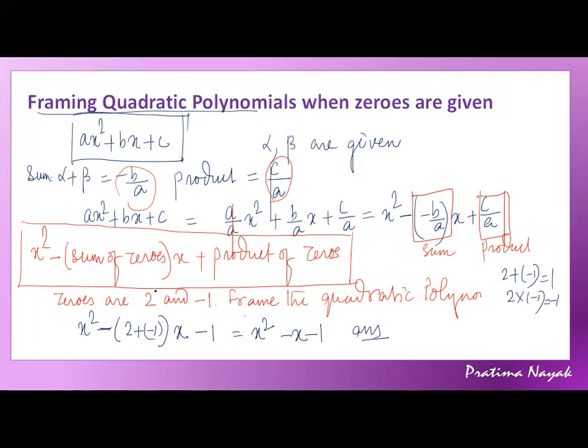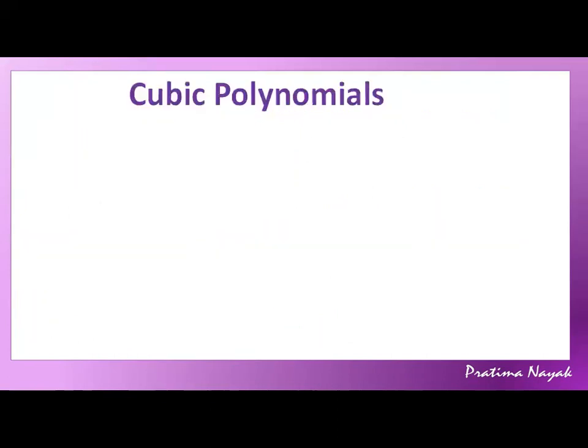So you have to remember this one: x square minus sum of the zeros into x plus product of zeros is the quadratic polynomial. Next I am coming to cubic polynomial. So cubic polynomial is written as ax cube plus bx square plus cx plus d.